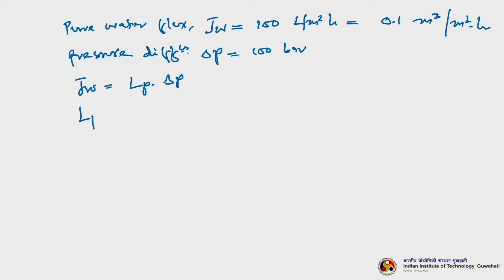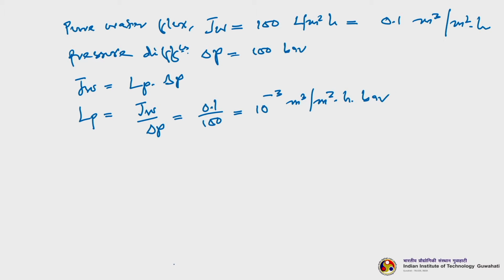So, we can find Lp from this equation: Lp equals JW by delta P. JW is given as 0.1 and delta P is 100, so it is 10 to the power of minus 3 meter cube per meter square hour bar. So, this is your permeability Lp.